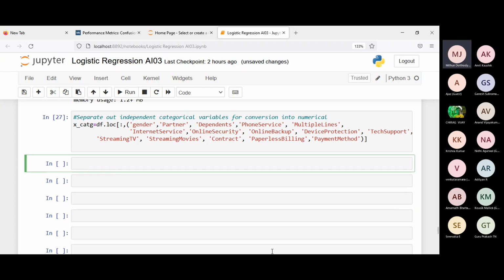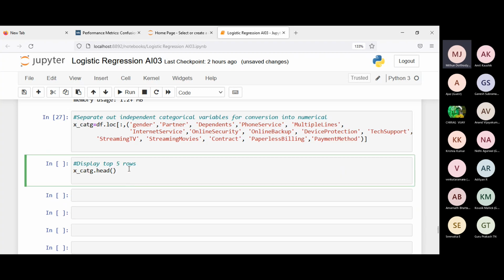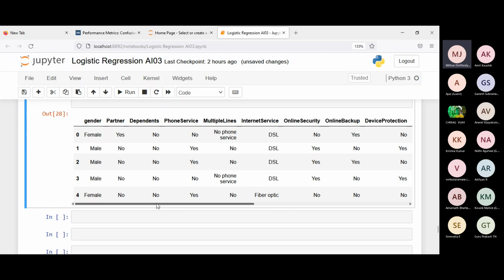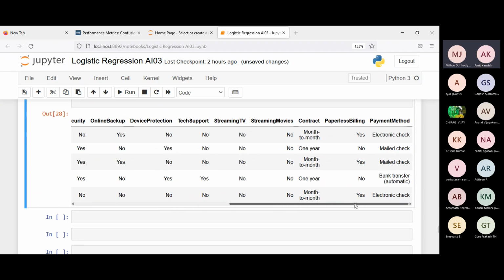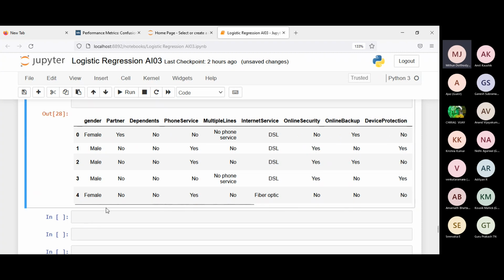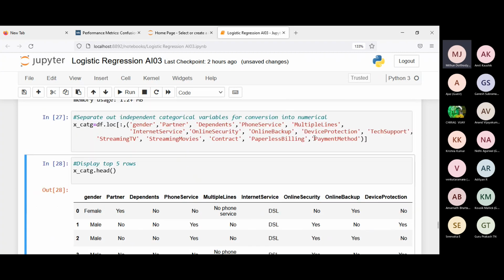Now, what are we going to do? Let's just display the top 5 rows of this categorical list. You can see here, almost all of them are character variables. All these are character variables which we have captured. If we have missed out any, we can just use this as a label anywhere here and rerun the code.